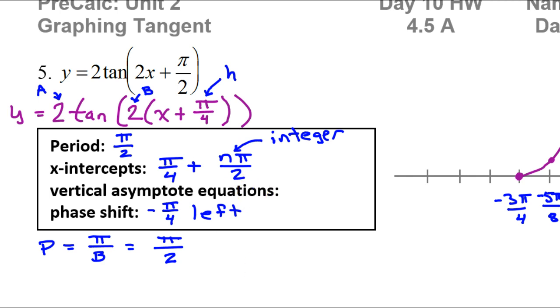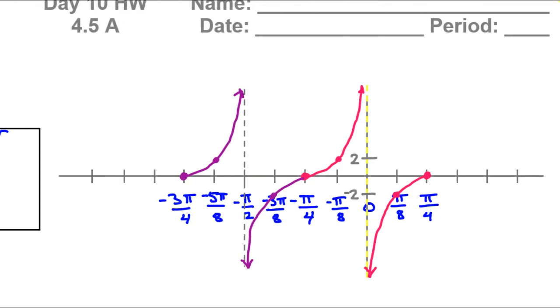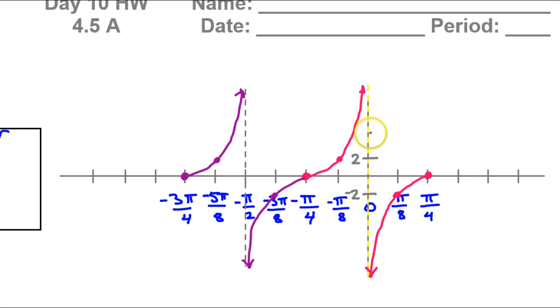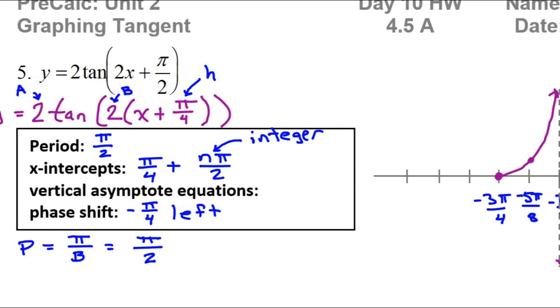Okay, similarly with the vertical asymptotes. I don't have any positive vertical asymptotes. The vertical asymptotes also only happen once per period. But we have one of them at 0. So I could have x equals 0. Alright, that would be the equation of a vertical line.